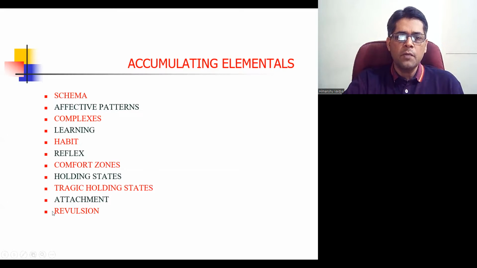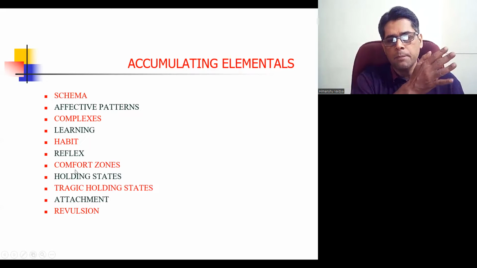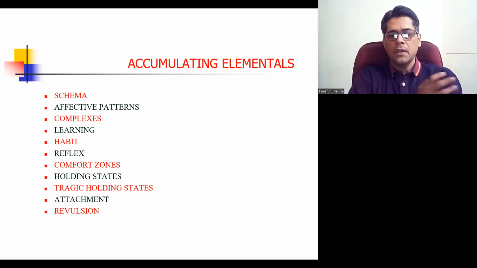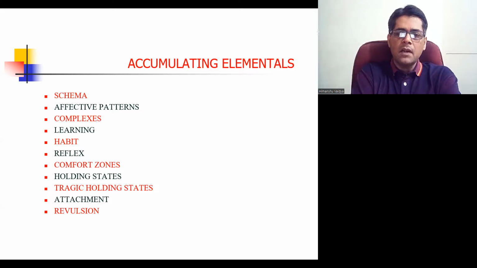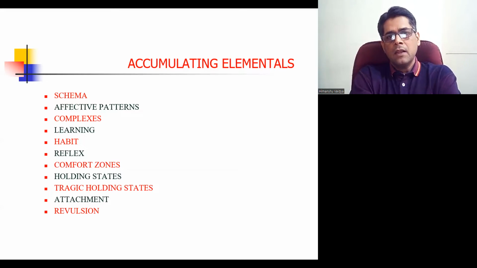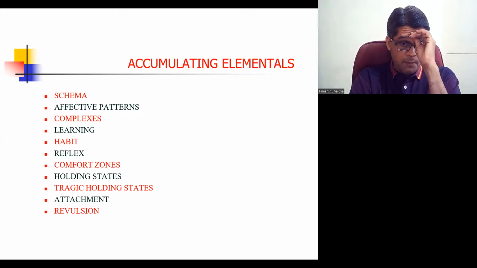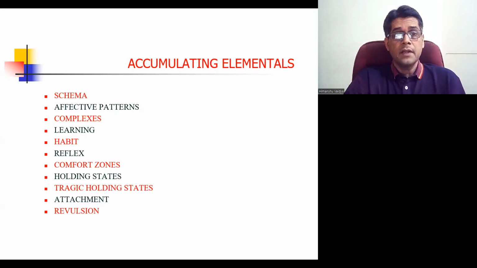All these are accumulating elementals, which is something that builds up experience by experience. Every time a resultant elemental is active and we experience it in a particular way, the learning part of us that learns from experience of any psychological event uses these accumulating elementals to enhance our storage of learning.